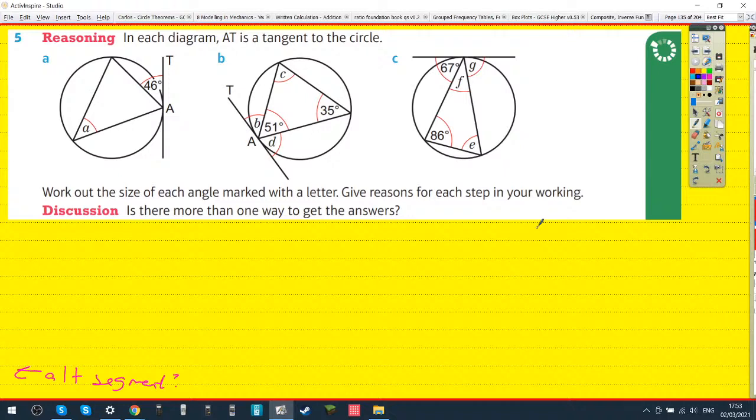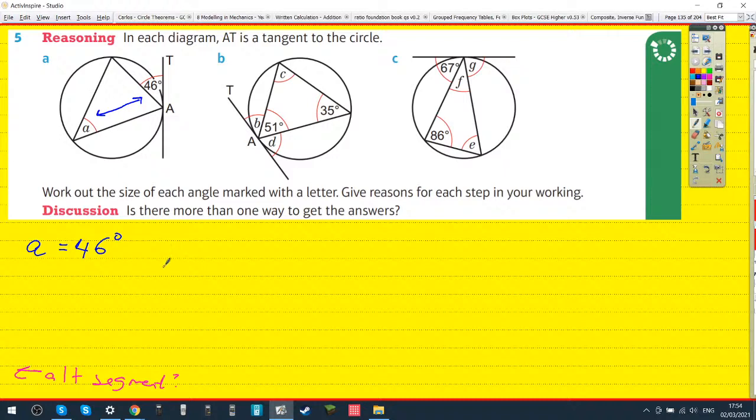Okay. So A. It's alternate segment theorem. 46 degrees. It's alternate to 46, and so that's 46. So you can see how this is on the outside. Yeah.